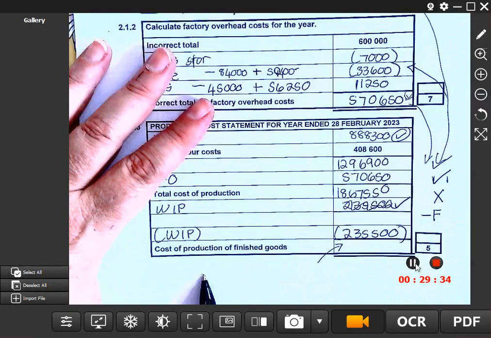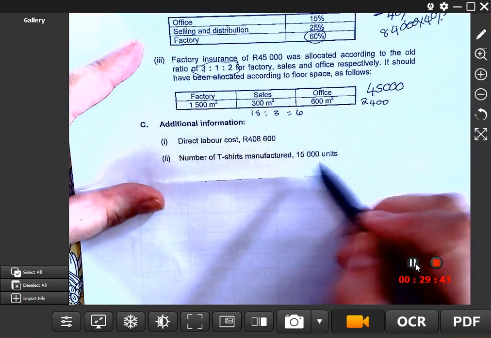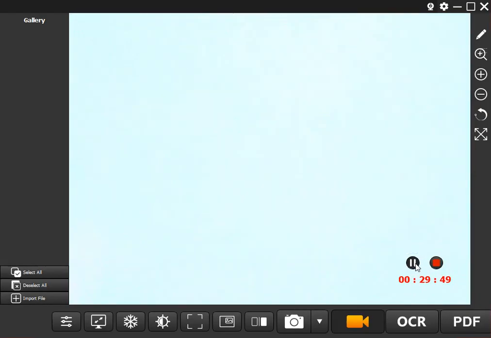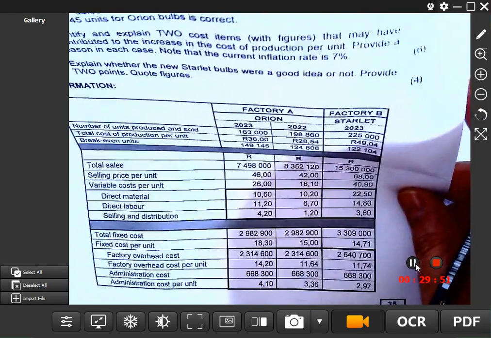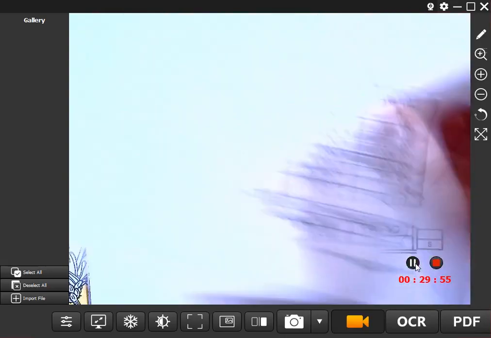See, I'm tired. Okay, so now they don't give me the cost of production. If they give me the cost of production per unit, I can calculate it. So let's go look. They say I manufactured 15,000 units, right? And if I look here, I keep looking at the wrong thing.